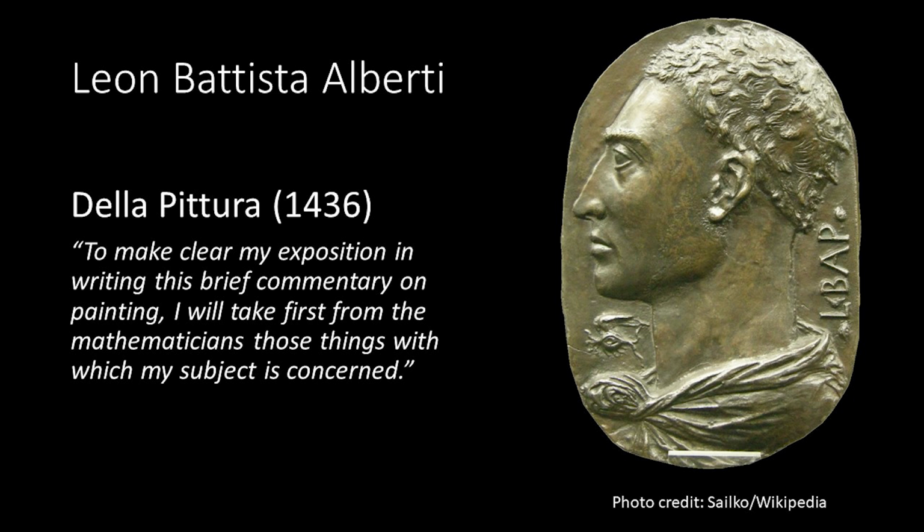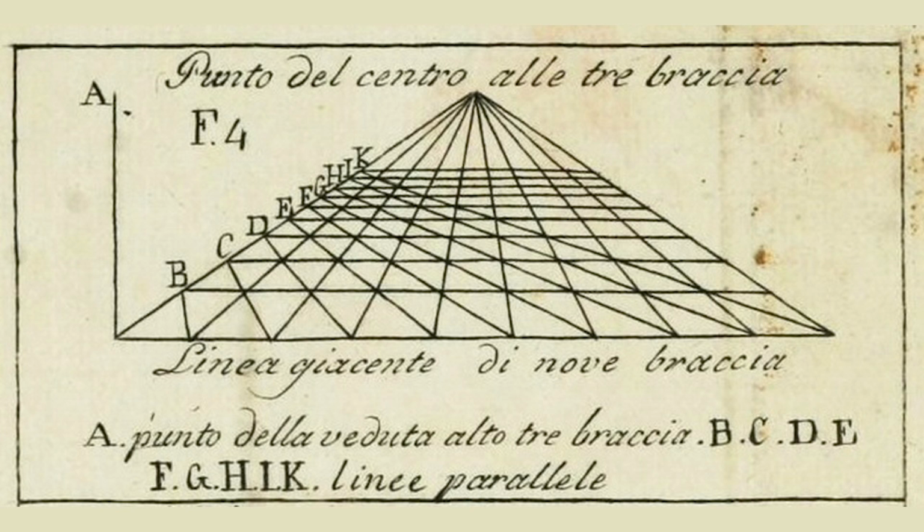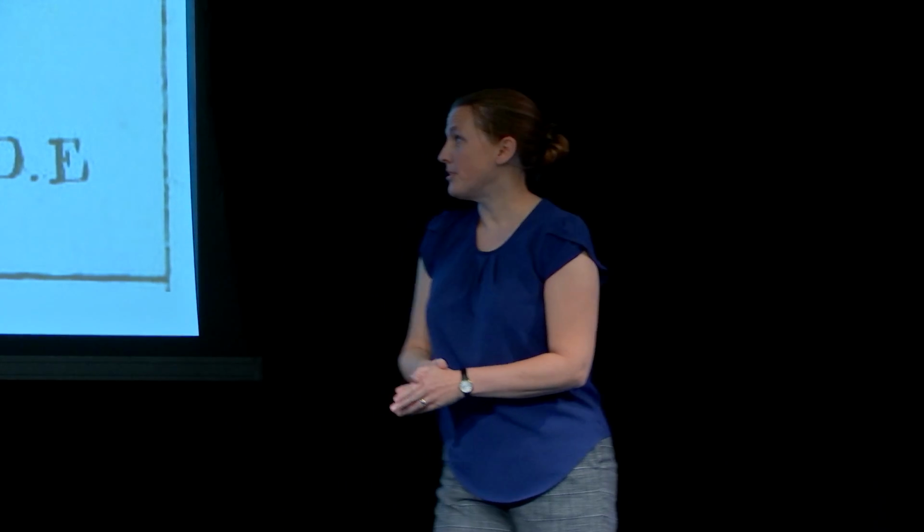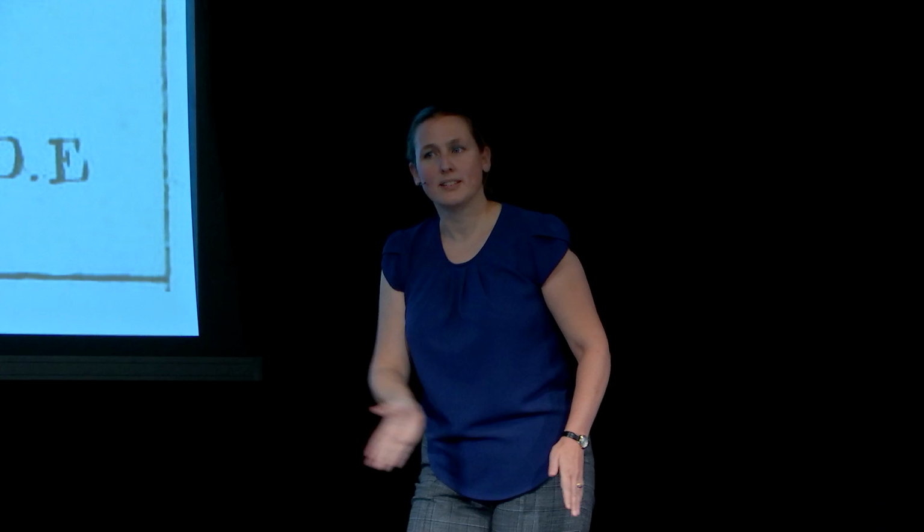One thing Alberti included in his book, and this is a picture from his book, is how to deal with the problem of a tiled floor. So we already know that the parallel lines on a floor, imagine square tiles on the floor, the parallel lines that are receding back, we know what to do with those, they have a vanishing point. But if you've got square tiles, then the horizontal edges of those tiles are parallel to the picture.